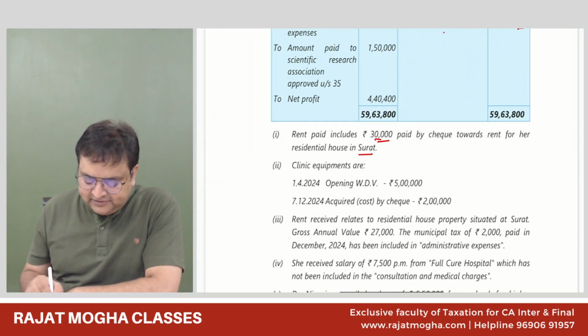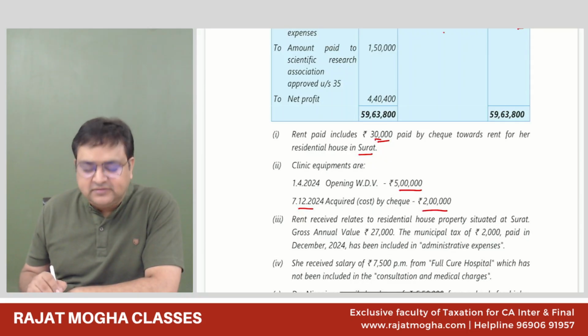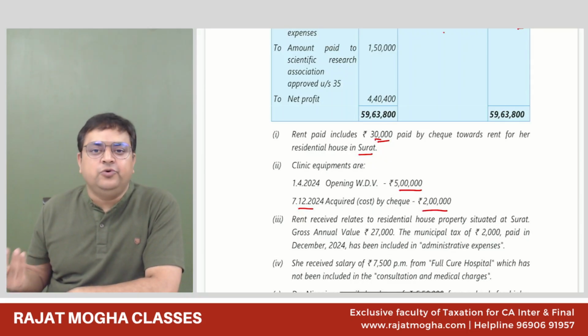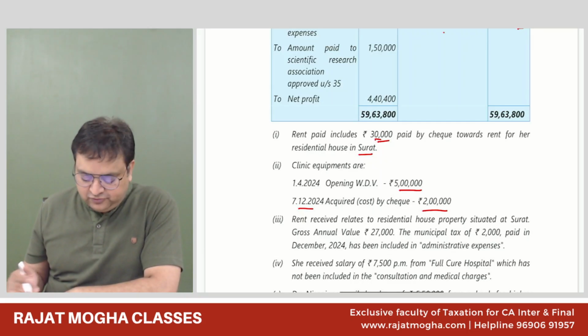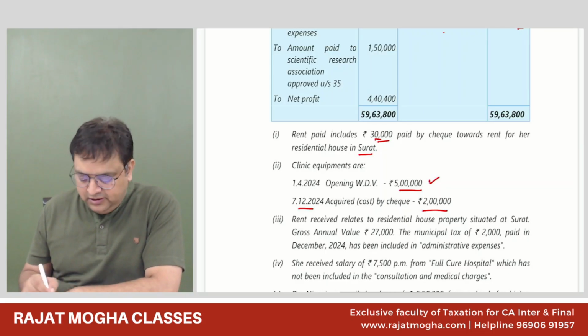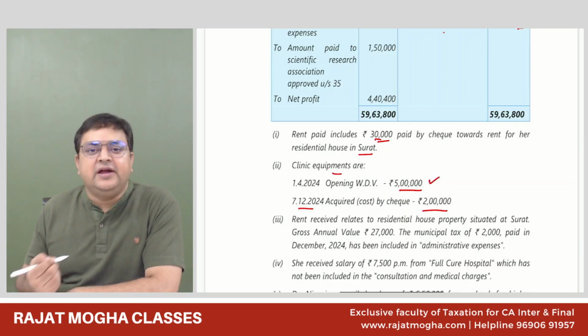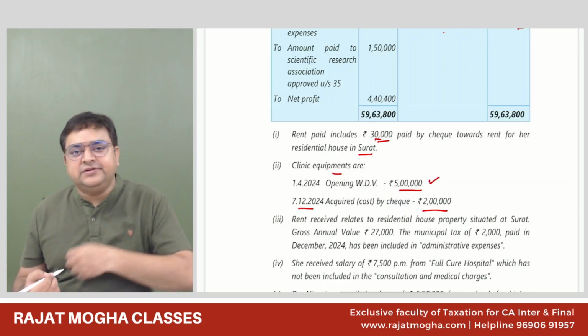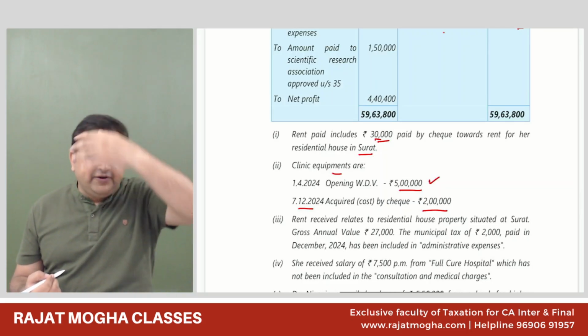Clinic equipments: the opening value is this, and she has acquired on 7th December 2024, 2 lakh rupees. Why have they given this information? To compute the depreciation. The opening value of the equipments was 5 lakh, and she has acquired 2 lakh on 7th December 24. For clinic equipment, the rate of depreciation is how much? Plant and machinery, general rate is how much? 15%.